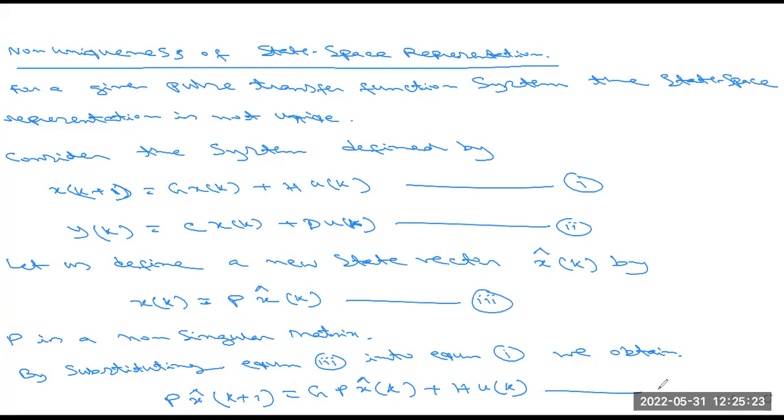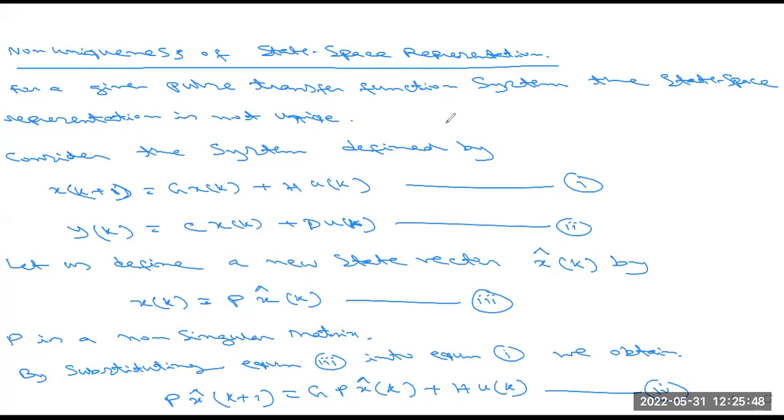This is another equation number. So this is very easy: we express x of k as P x vector k in this equation. So the equation is P x vector k plus 1 is equal to G P x vector of k plus H of u.